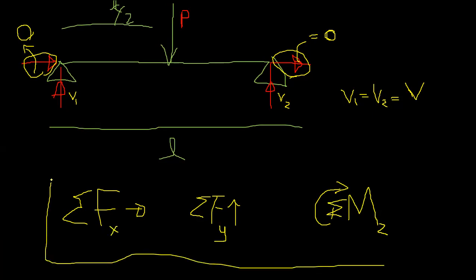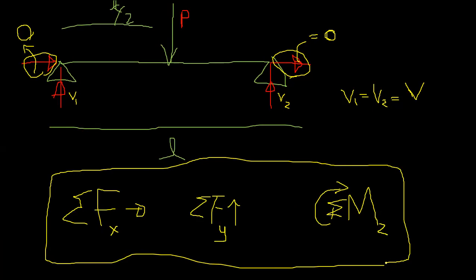So these are the available number of equations for the whole system and at a joint, right?